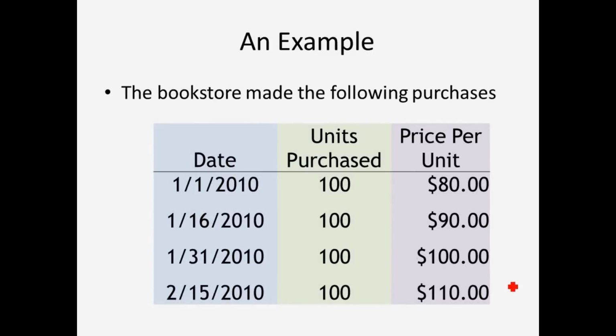Then, 2 weeks later, they call and say, we need another 100 copies, but now there are some crazy price increases. Just go with it. Let's say the price is increased to $90 a unit. Maybe there's some scarcity and they can afford to charge the bookstore more.